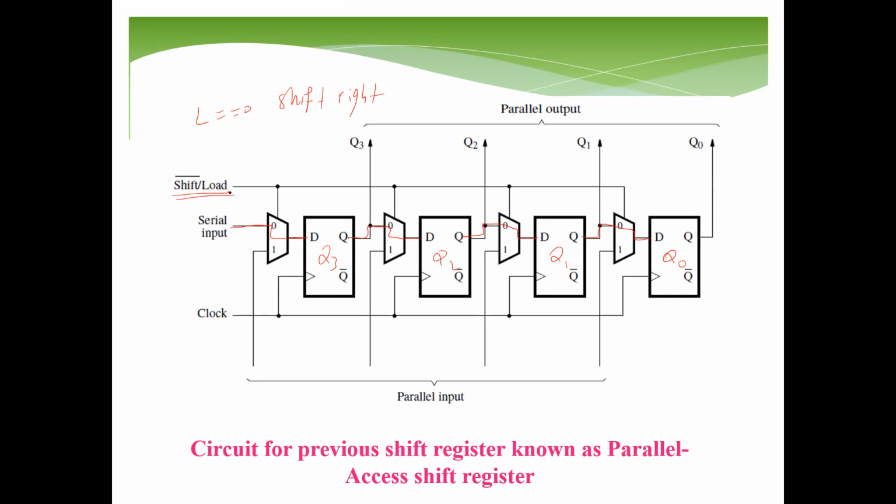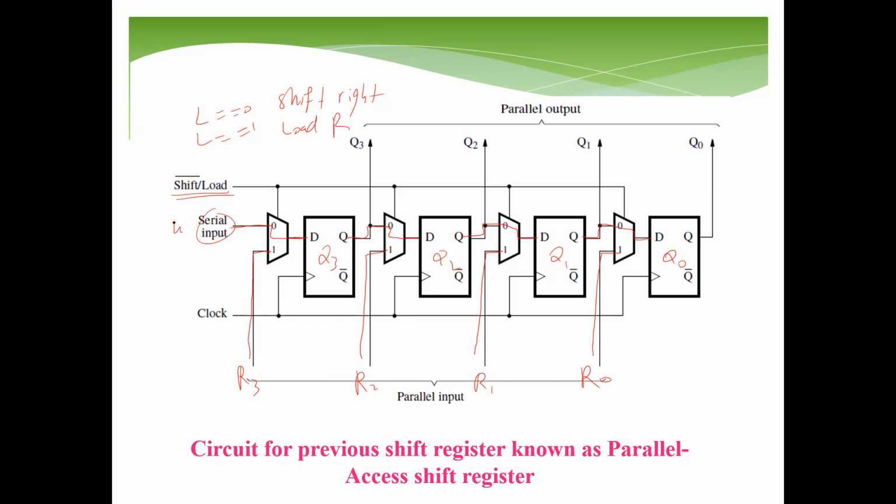Now if L equal to 0, I'll be selecting input 0 for all these multiplexers. And what happens if L is equal to 1? We want to load whatever we have in register R. So all the inputs connected to input 1 of the mux are going to be your R3, your R2, your R1, and your R0.